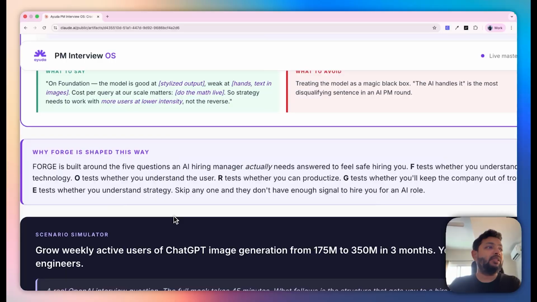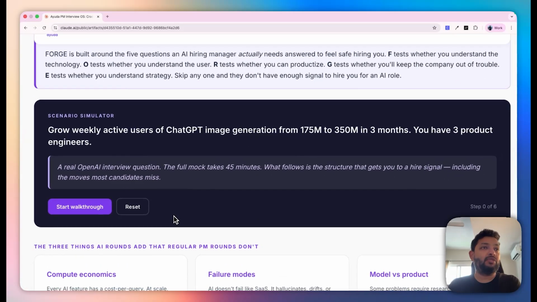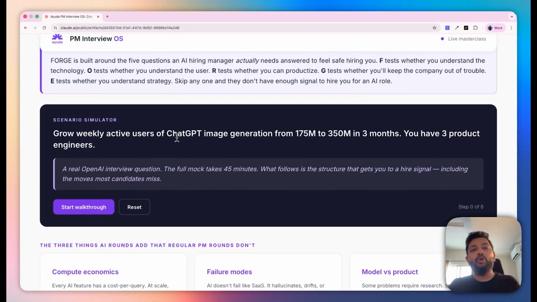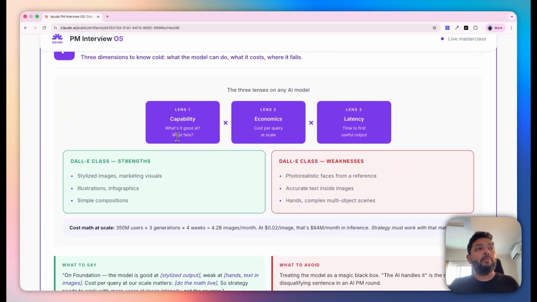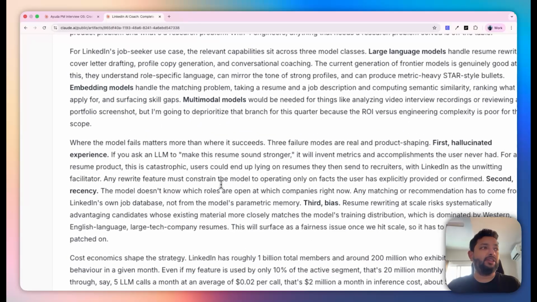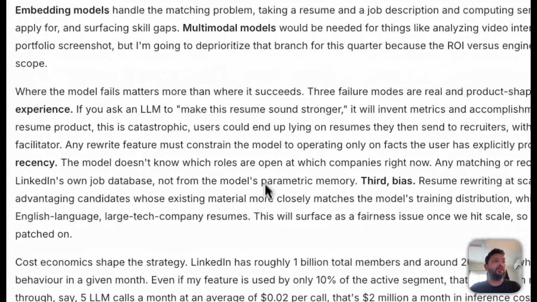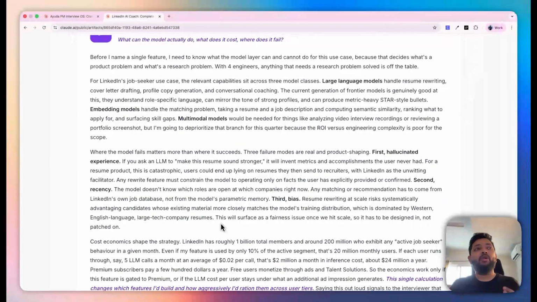I've given some examples of DALL-E as well, where we've asked, hey, how do you grow ChatGPT image generation in 3 months? That's another AI product sense question. But the first thing that you talk about is the capability. What I've written here is an example where I'm talking about what I need from the model. Of course, a normal large language model is going to be able to handle resumes.